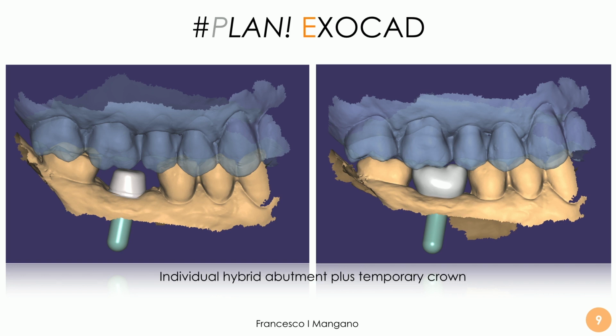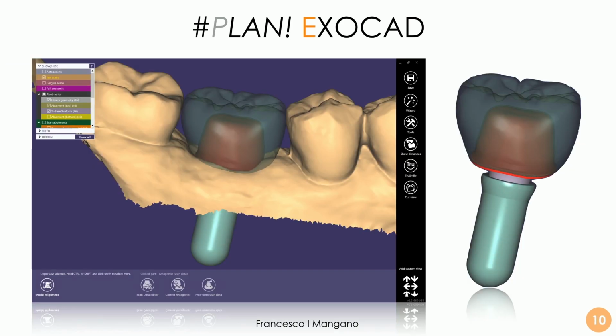The cement gap is usually around 0.1, so 100 microns in this case, because resin and PMMA prefer a wider cement gap. And then there's the possibility to check and control the modeling, the spaces, not only in 3D, so not only three-dimensionally, but also two-dimensionally, using a series of tools available in the computer-assisted design software.